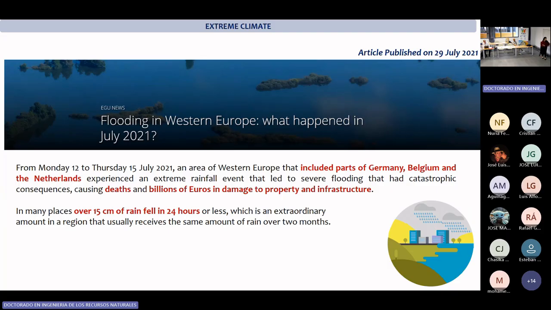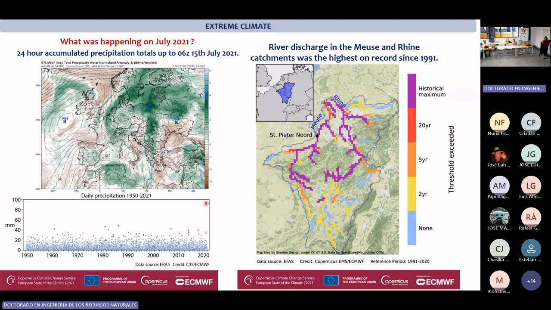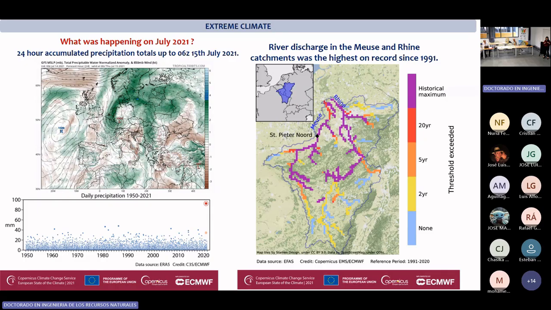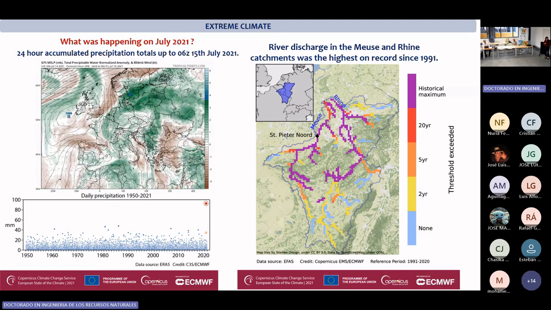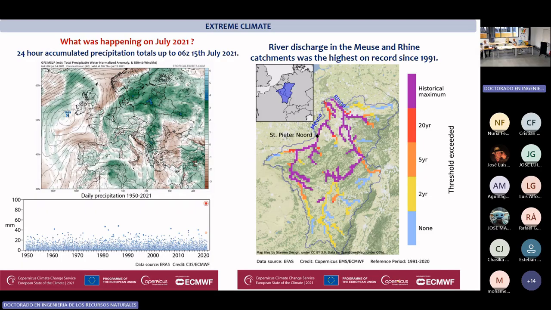Like I told you, between Monday and Thursday in July 2021, we had a very serious phenomenon during 24 hours. We had extreme rainfall and very important fluvial activities, and you see it here in the animations.